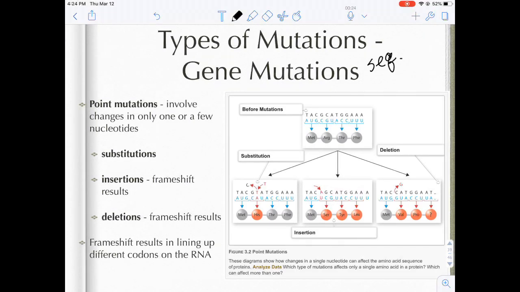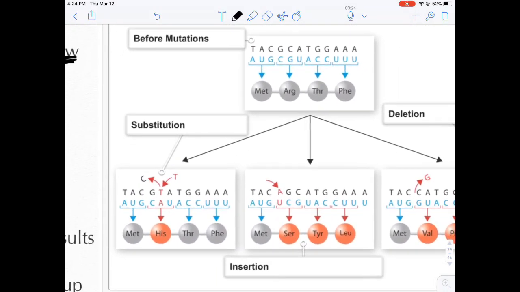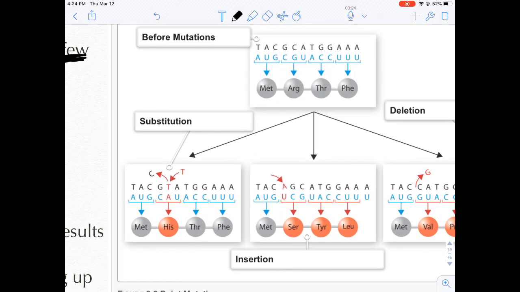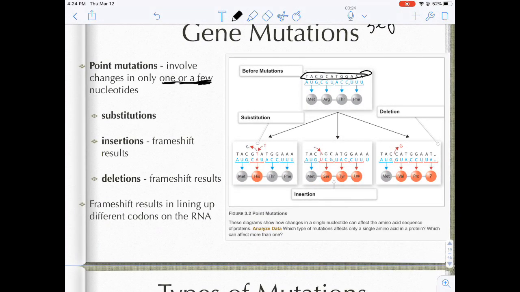So point mutations are kind of like a category within gene mutations. Point mutations are where you're only having a change in one or a few nucleotides. So this is your before DNA, all right, your original. And then there's these different types of point mutations.